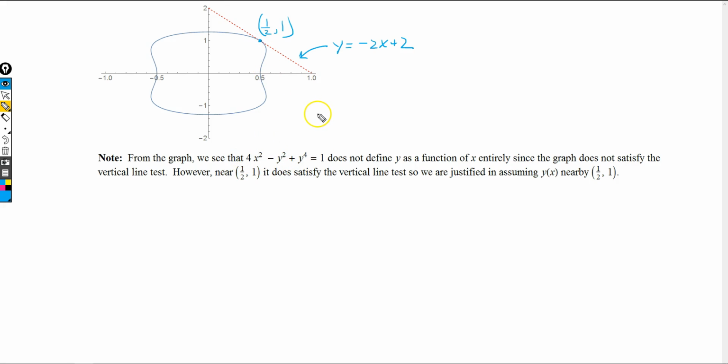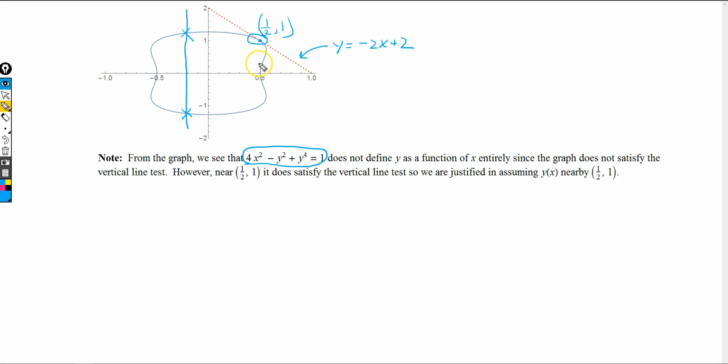Now you notice one thing here. This equation, if you look at the graph, does not define y as a function of x everywhere, because you see it doesn't satisfy the vertical line test, right? But it does define y as a function of x locally, like at this point right here where we found our tangent line. Just locally, it does define y as a function of x.